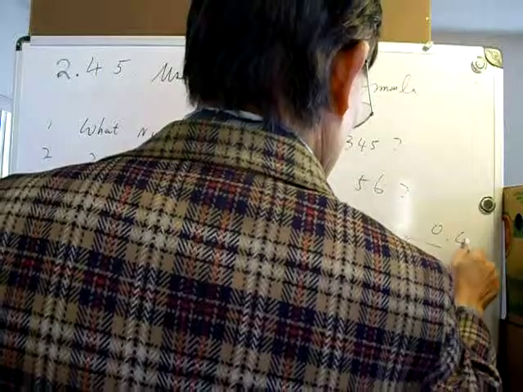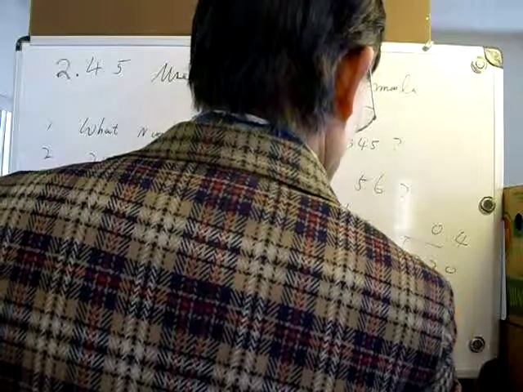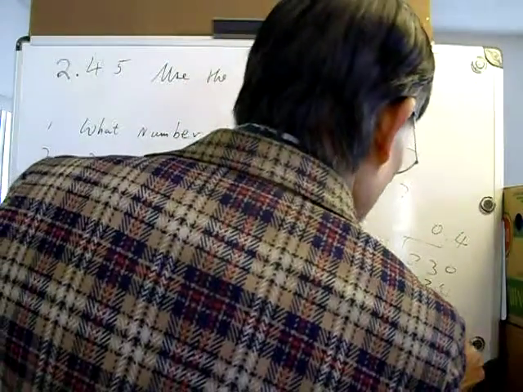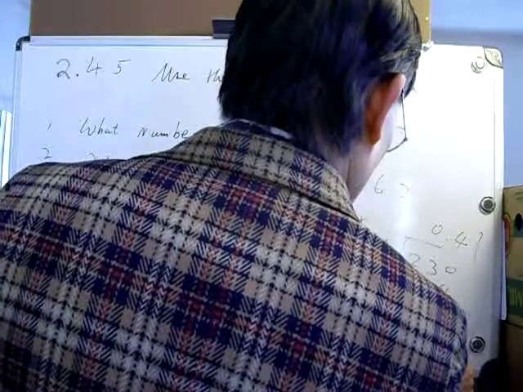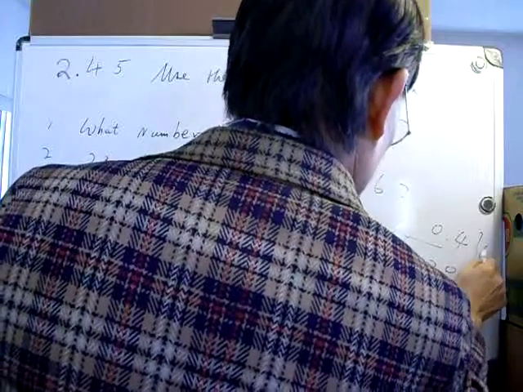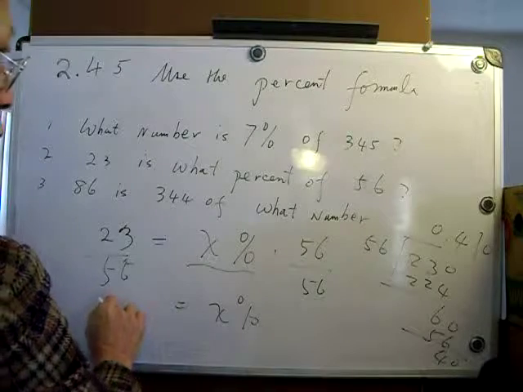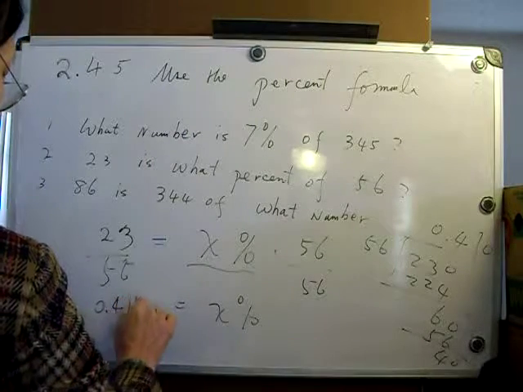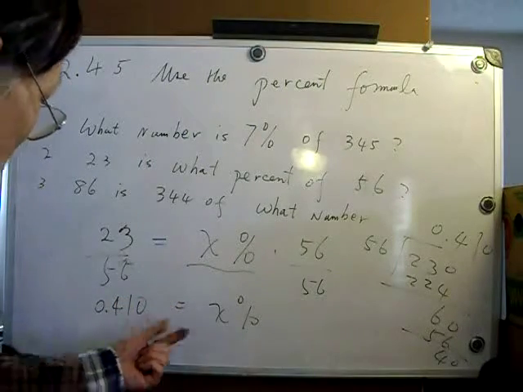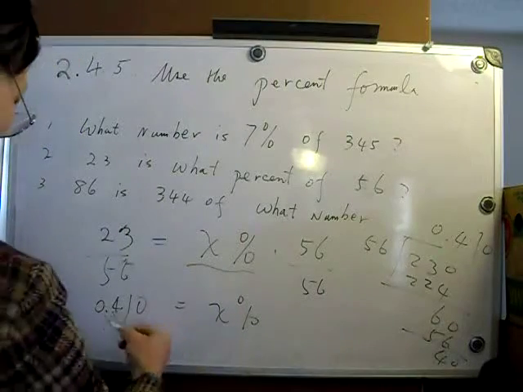4. 6, 0, that's 1. 56, one more. 4, 0, that's 0. So this number is actually 0.410. So next you convert this into the actual percent, decimal into percent.